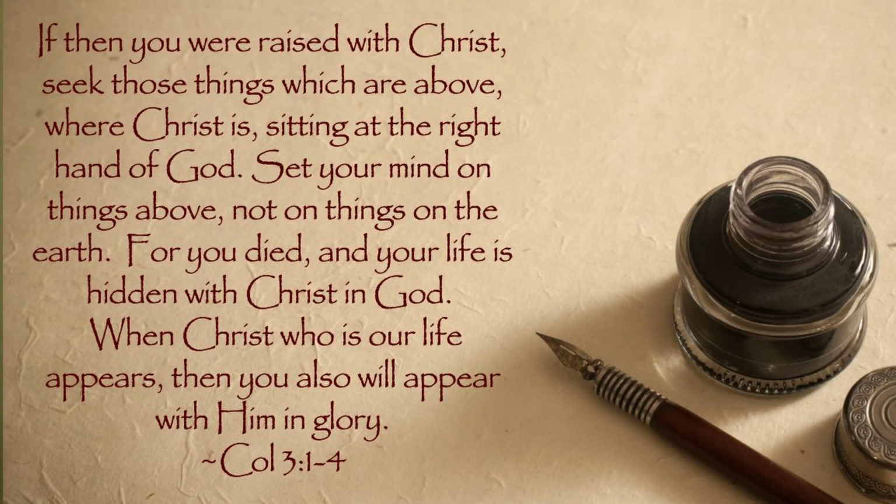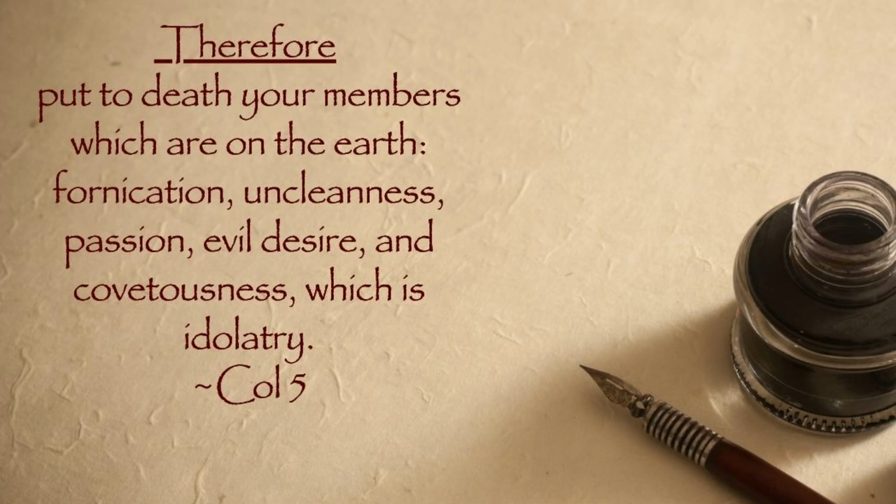So the word therefore, we need to look at what it's there for, right? If you go to verses 1 through 5, or 1 through 4, actually, let's just zoom in on verse 4. "When Christ, who is our life, appears, then you will appear with him in glory. Therefore, put to death your members."